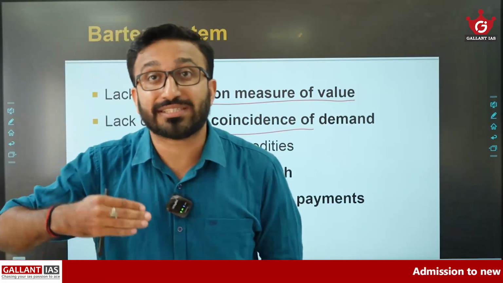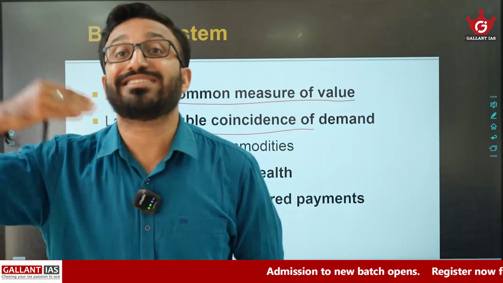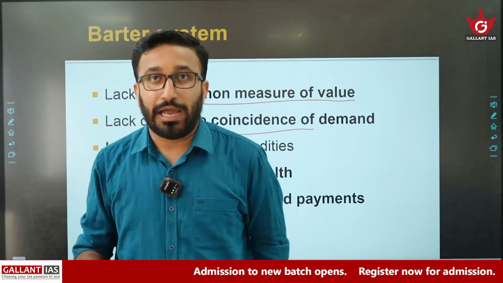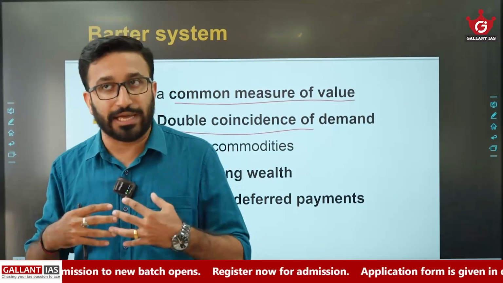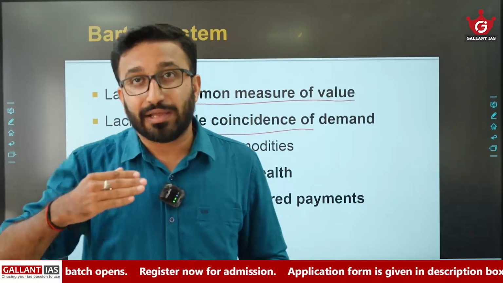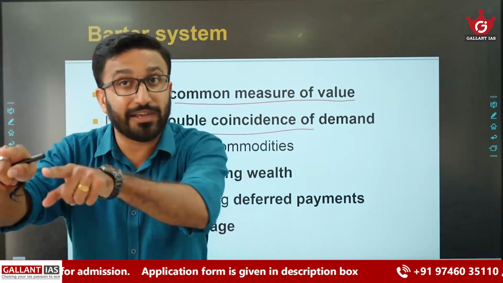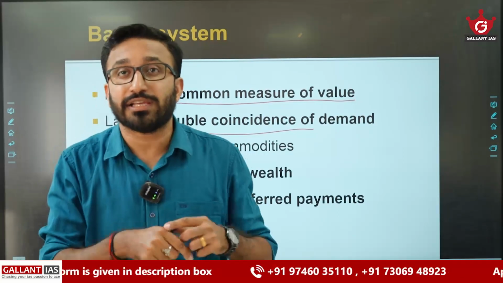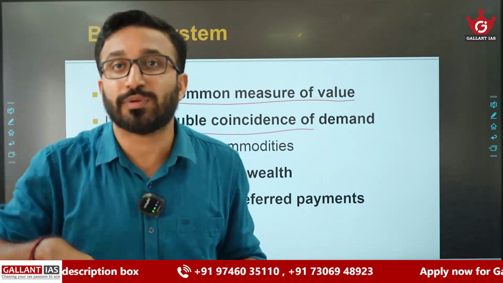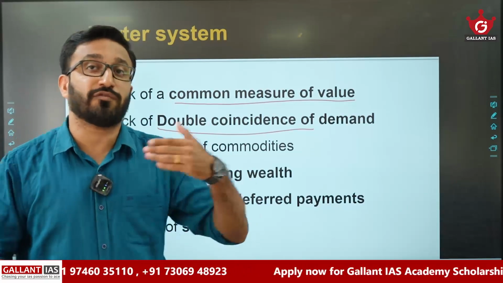I can only exchange my goat with that rice owner only if he needs the goat, right? I am having a demand for rice. I need rice. So the demand for rice is there. I can get the rice only if he needs my goat. If he needs something else, he will not exchange his rice with me. So that is lack of double coincidence of demand.